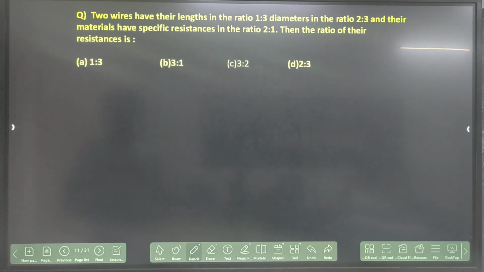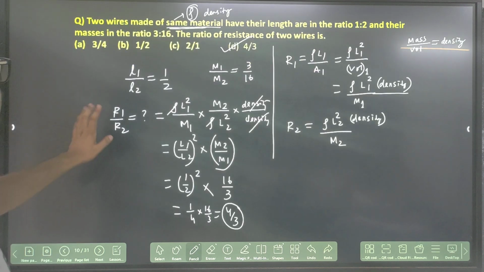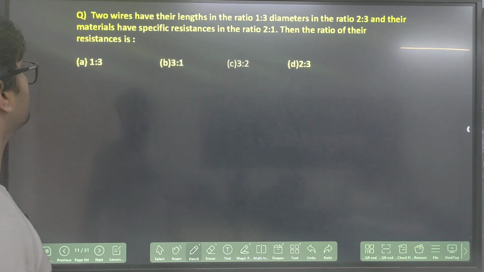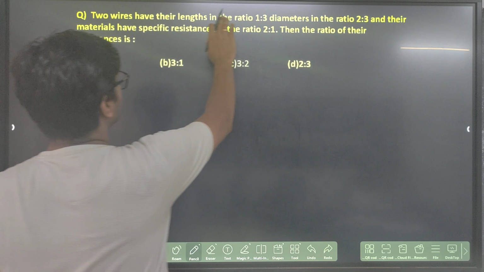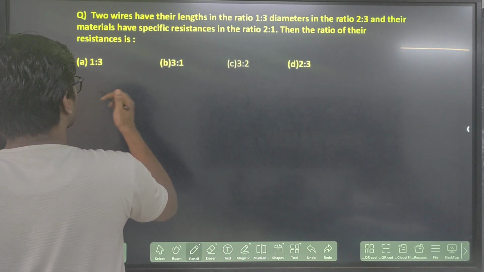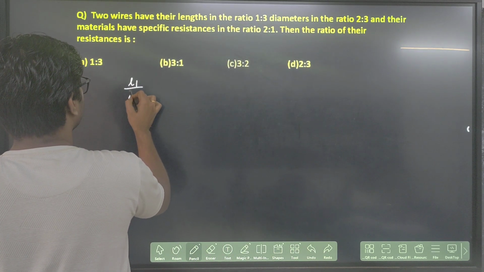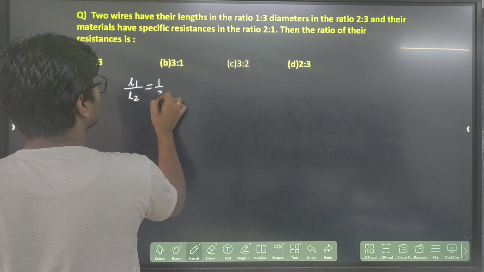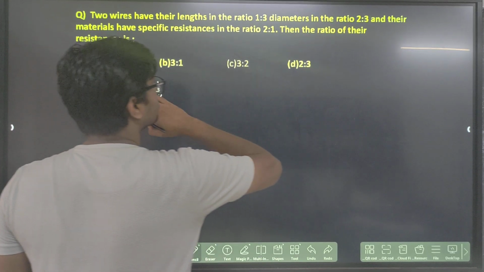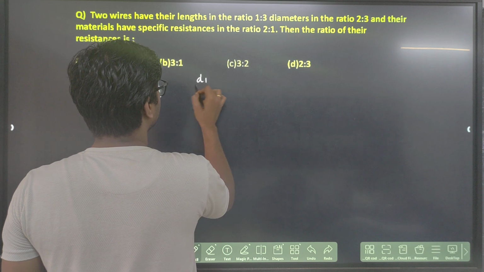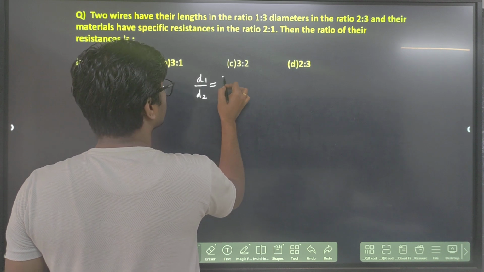Now next question. Okay, this question is done. For the next question, two wires have their lengths in the ratio of 1:3, so L1 divided by L2 is 1 by 3, and diameters in the ratio of 2:3, so D1 by D2 is 2 by 3.